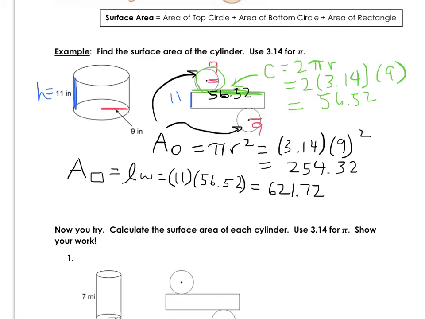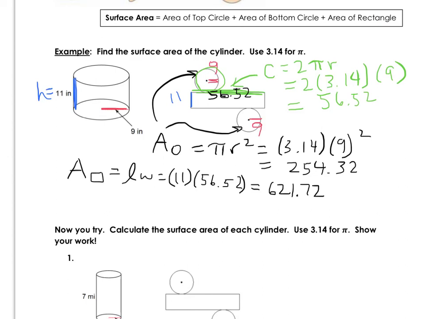Okay, I'm not quite done. I've done a lot of work already. I found the area of the circle bases. Each of them is 254.34. I found the area of the rectangle here, and that was 621.72. So remember, to find the surface area, I need to add up the area of each of the surfaces.